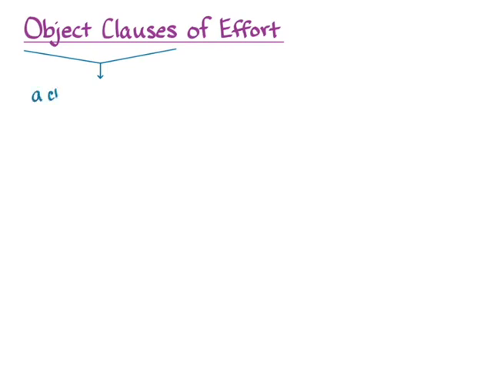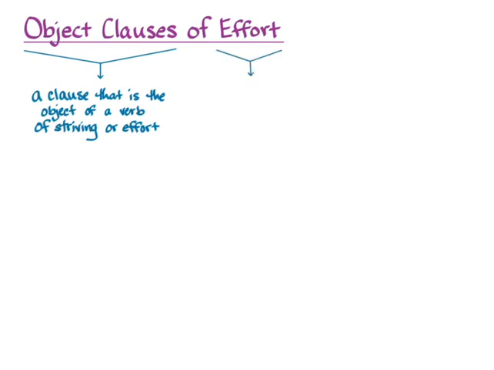Each of them is a clause that is the object of a verb, a particular kind of verb, a verb of striving or of effort. So that's what the object clause means in the title Object Clauses of Effort.